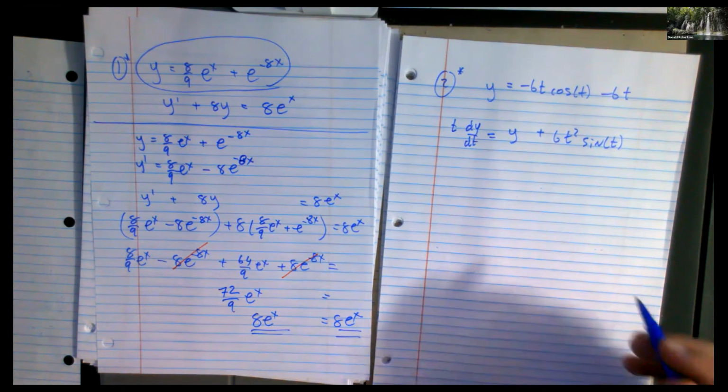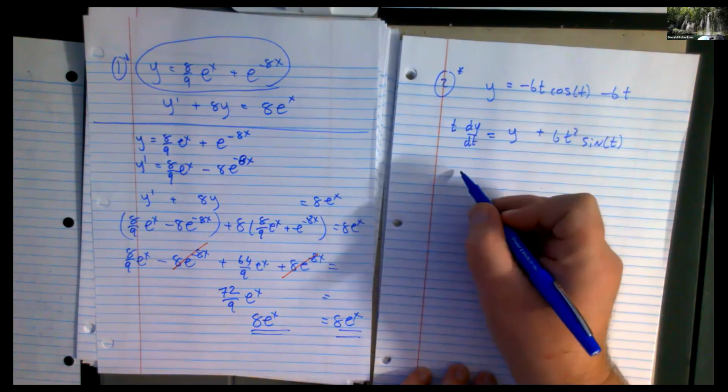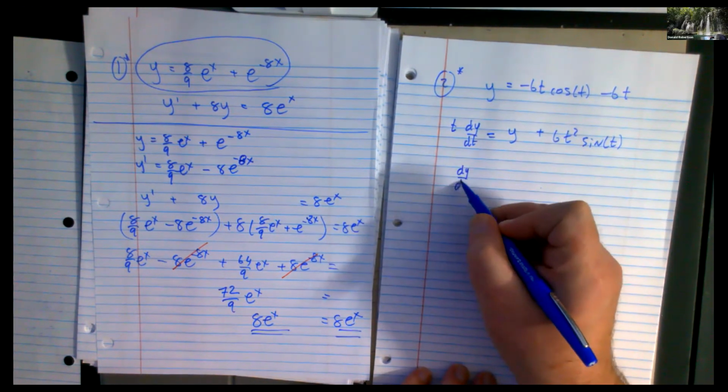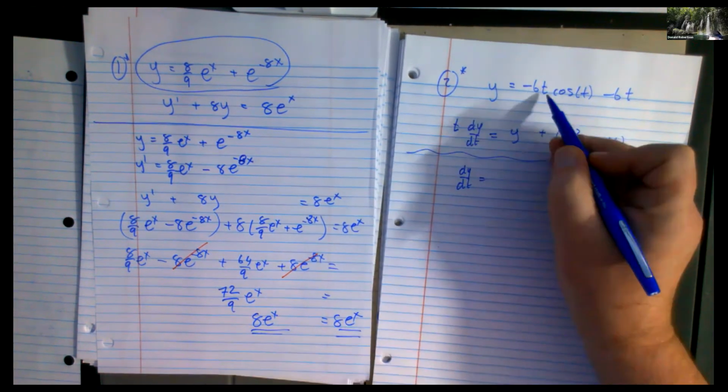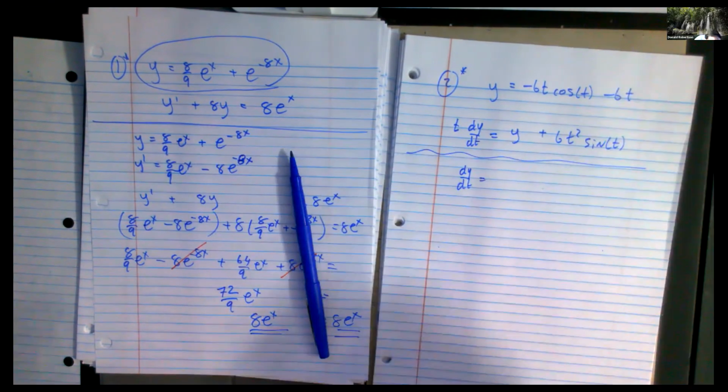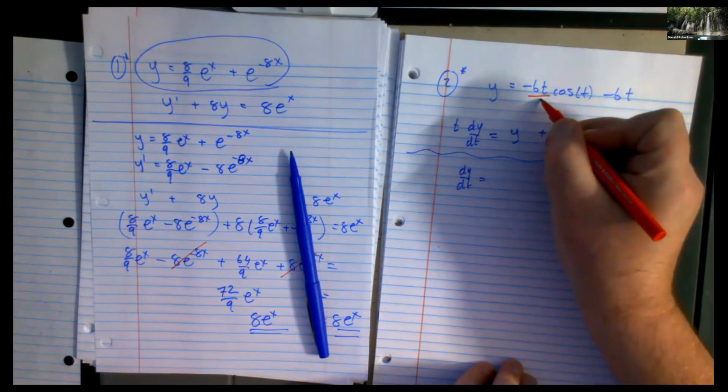So I know what y is, so I should be able to find dy by dt. If you differentiate this guy, won't I have to do a product rule?